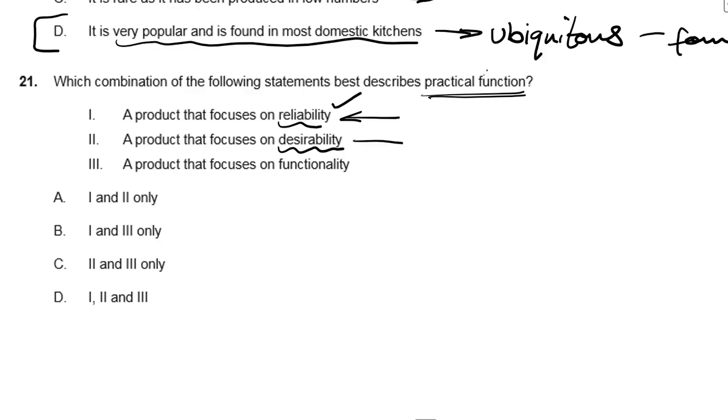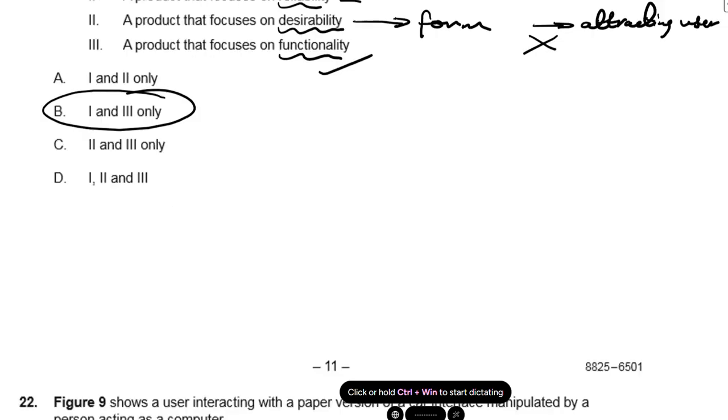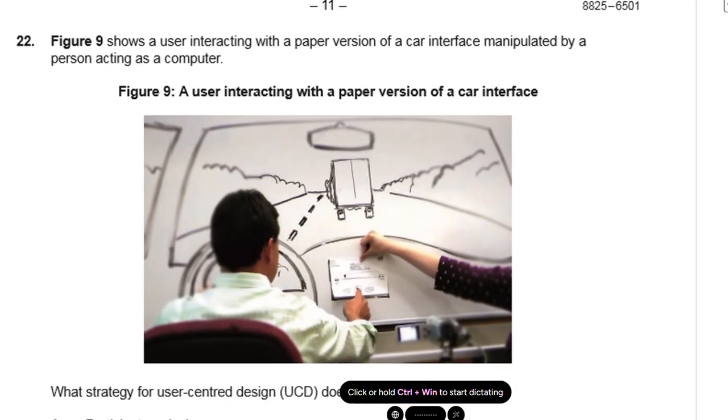This is related to form, right? So no. And attracting users, but that is not related to our practical function. And then we have functionality, that is practical function, right? And so this is quite simple. Our answer is B, and I hope that is quite clear for you guys. And we'll move on to the next one.